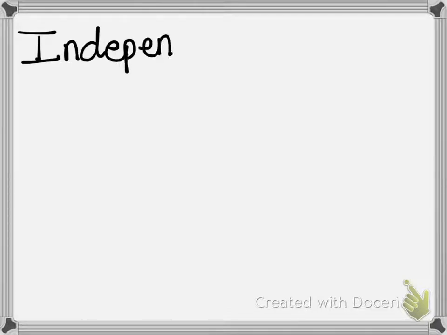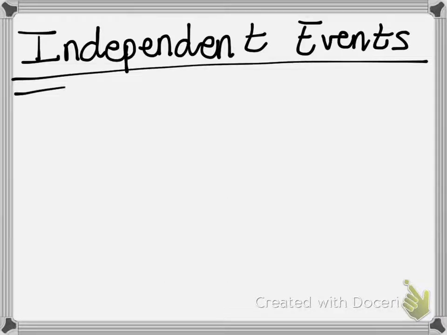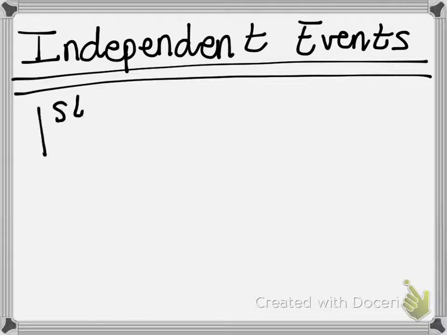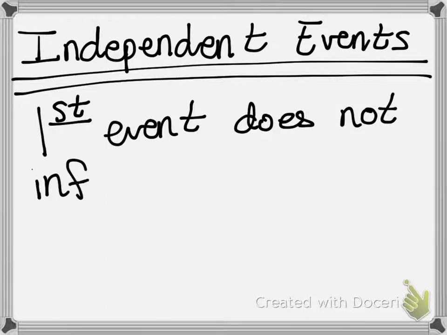And those two things happening can be independent of each other. Those two events being independent basically means that the first event does not influence the second.